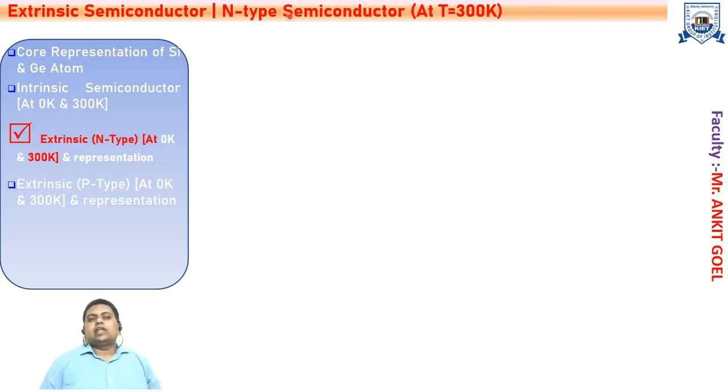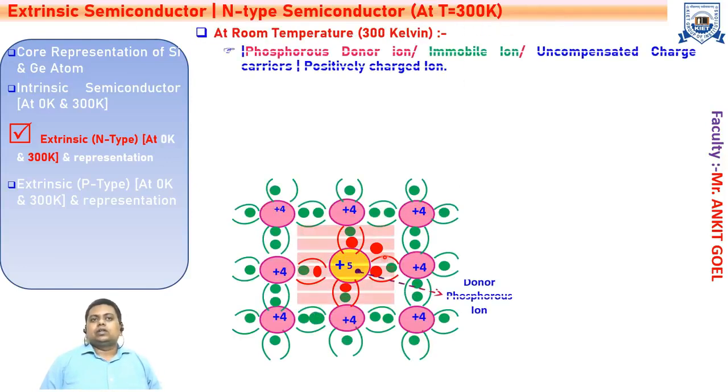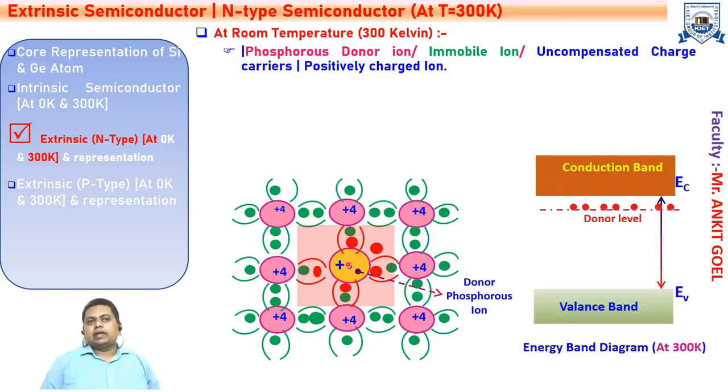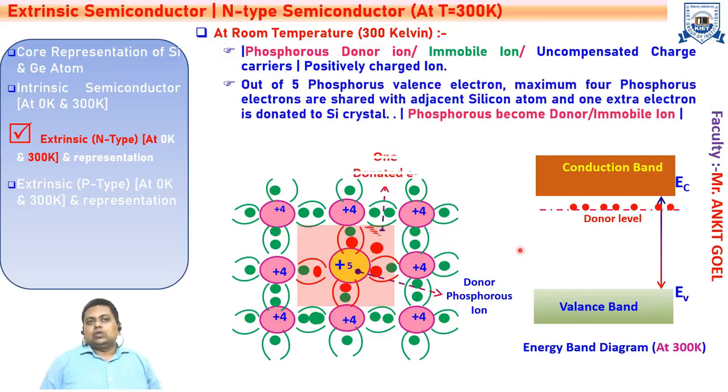Let's discuss the behavior of the N-type extrinsic semiconductor at room temperature. At room temperature, you will see that the 5th electron will be loosely bound to this donor ion, leaving behind the positively charged phosphorus ion. As the temperature is increased, this 5th electron will be donated to the structure and become free, leaving behind the phosphorus atom as a positively charged ion or donor ion.